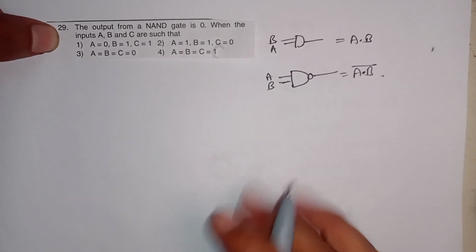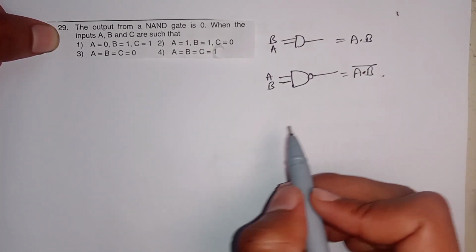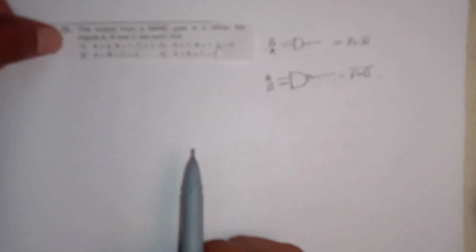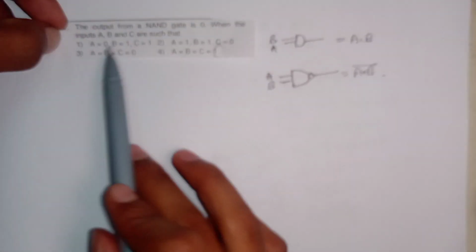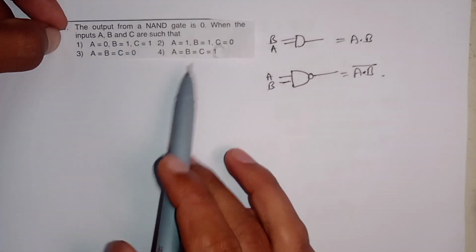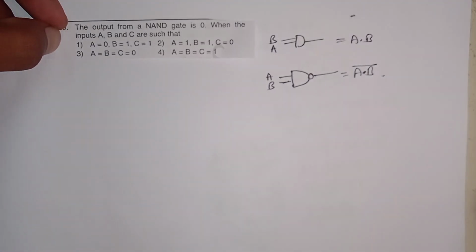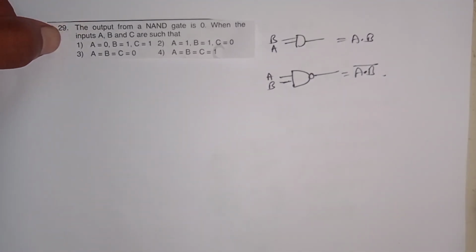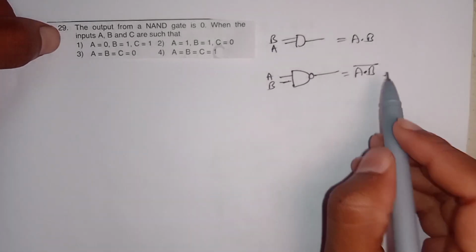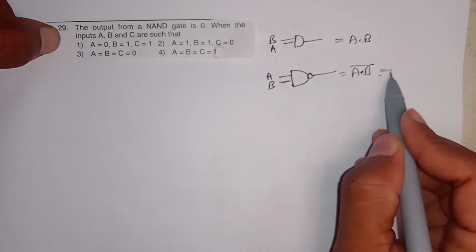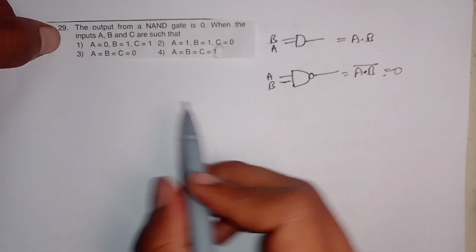For this (A dot B) inverse, we have to match, as they are putting 0 and 1 and told us to find the values. See the options, they have taken 0 and 1. I think the NAND gate output they have given is 0.